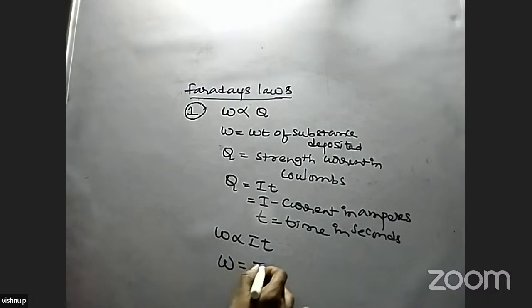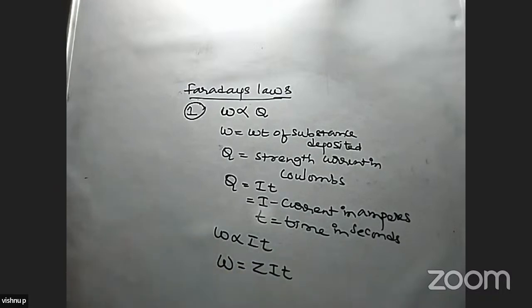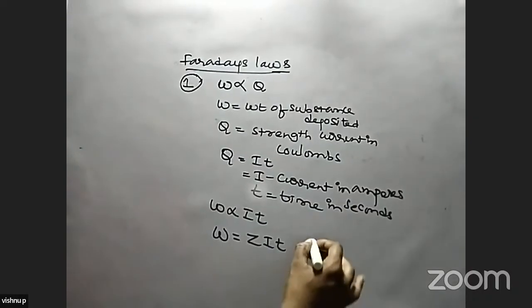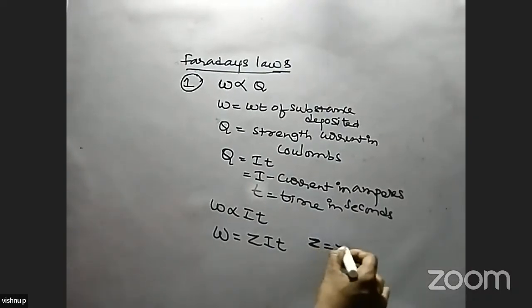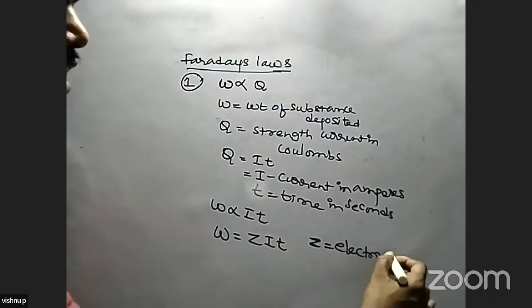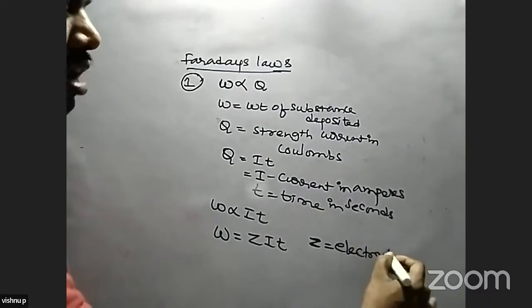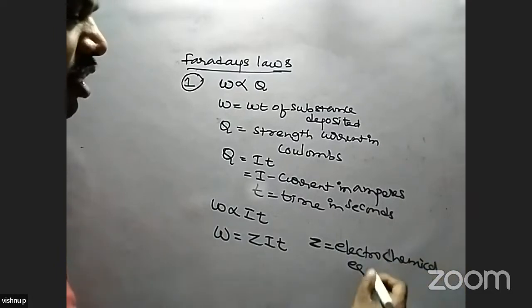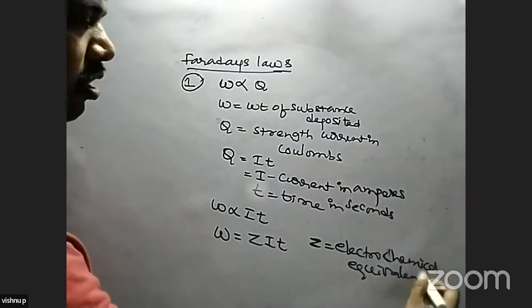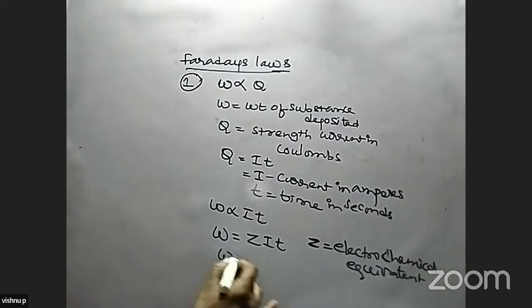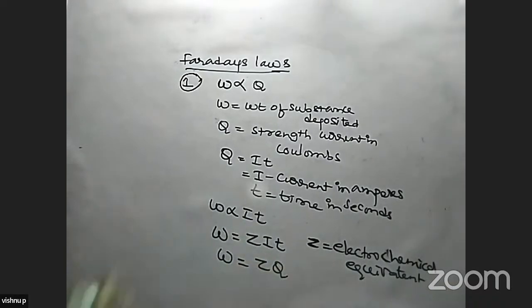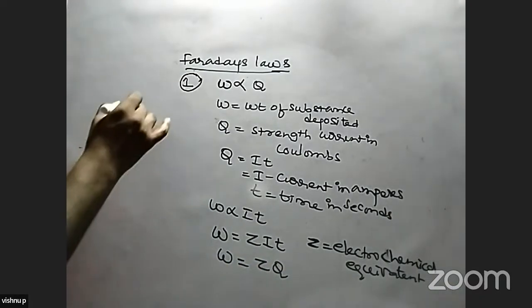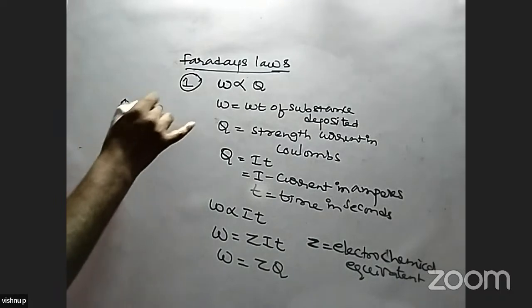W is equal to ZIT also we can use. What is this Z? Z is called the electrochemical equivalent. Or we can use W is equal to ZQ. So the charge in coulombs is equal to W by Z.